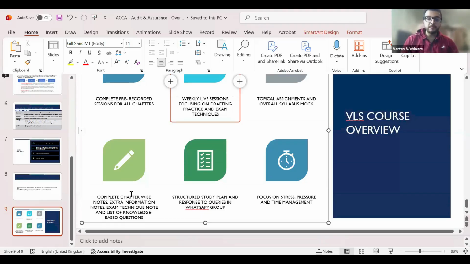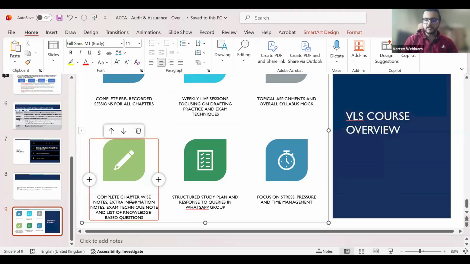Otherwise, we have got complete chapter-wise notes after every chapter that you'll find on the VLS portal. Under that chapter, you can see the chapter-wise notes. You can see extra also. On a regular basis, I'll be sharing some extra information notes with all of you. You've also got a section on your website for extra information notes, exam technique notes and a list of knowledge based questions.